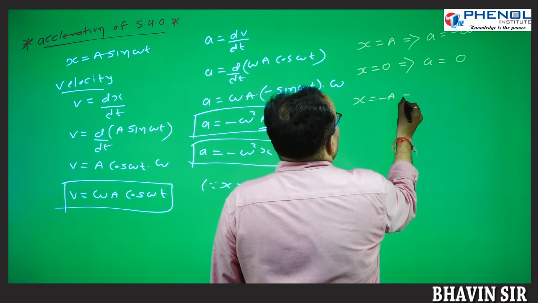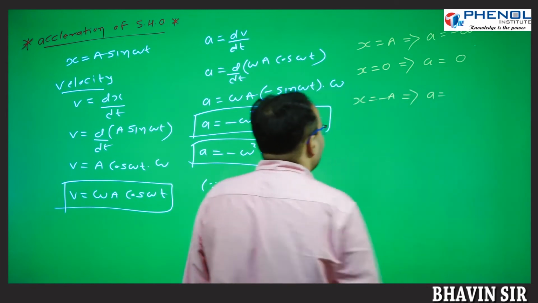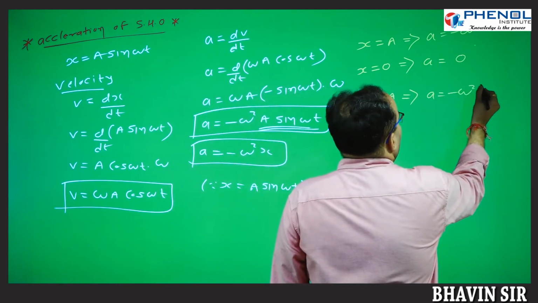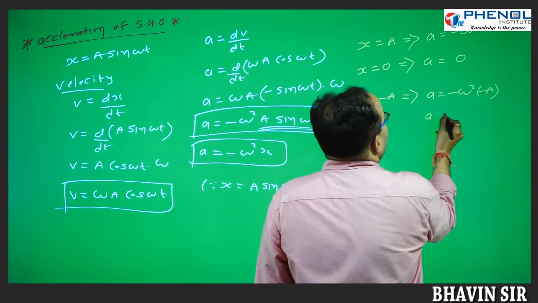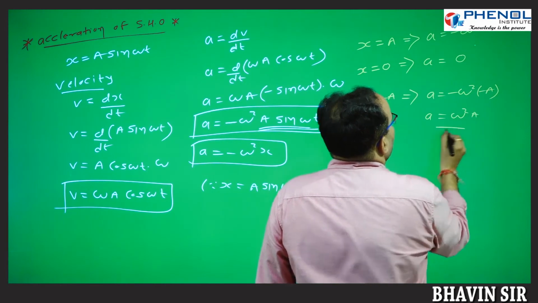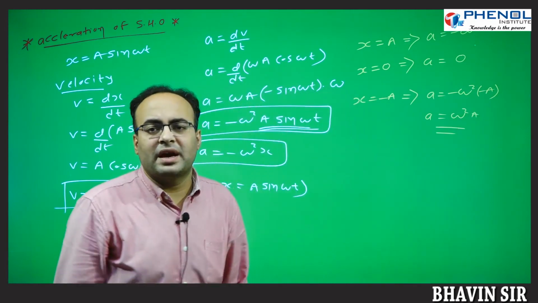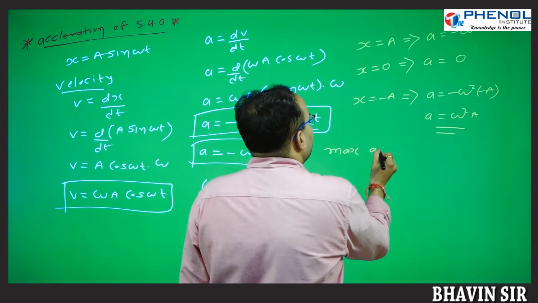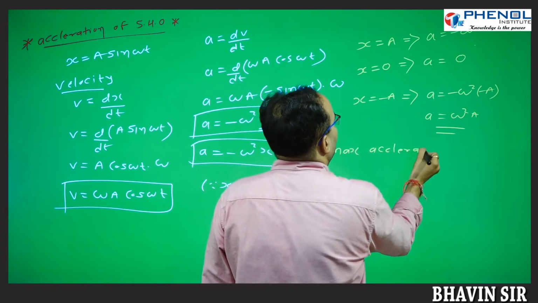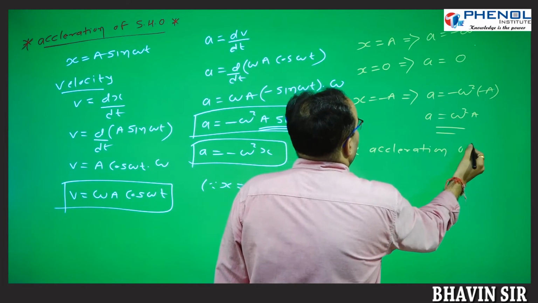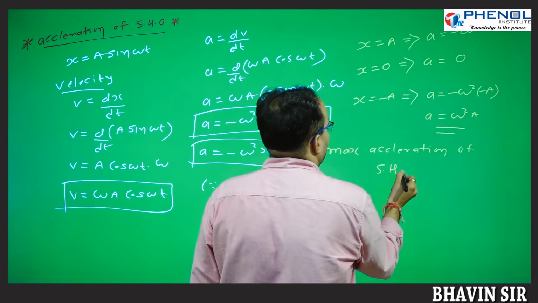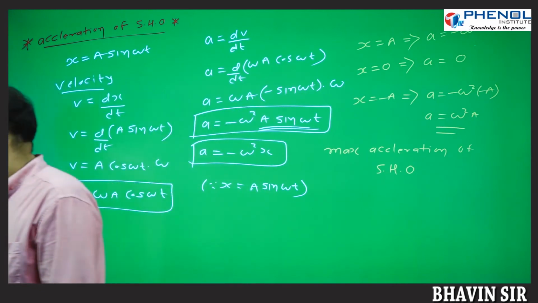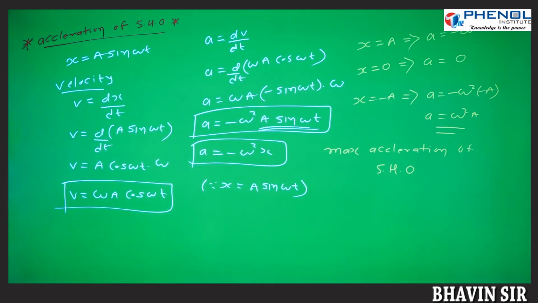If we take x equals minus A, then minus omega square into minus A. So students, what is the maximum acceleration of SHO? The maximum acceleration of a simple harmonic oscillator is what?